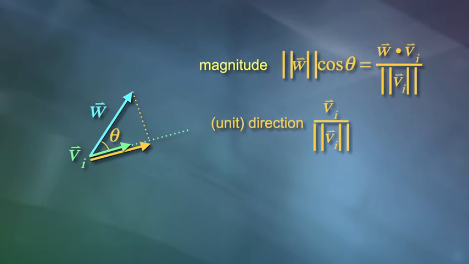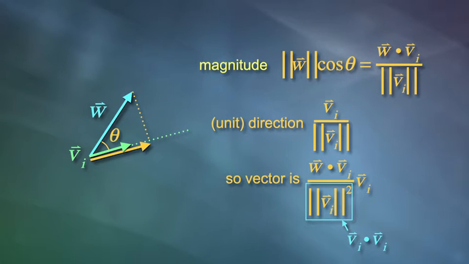So, the vector is the product of this magnitude times the unit direction. That's W dot Vi times the vector Vi divided by the square of the length of Vi. This is the vector Vi times a coefficient, W dot Vi divided by Vi dot Vi, as we claimed.